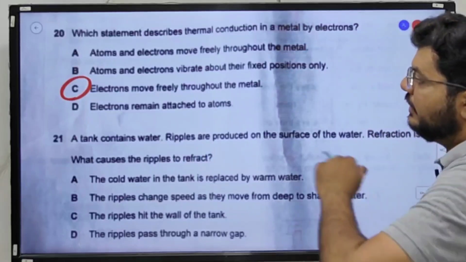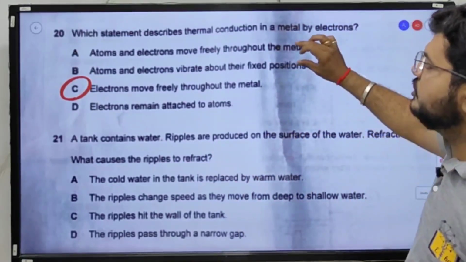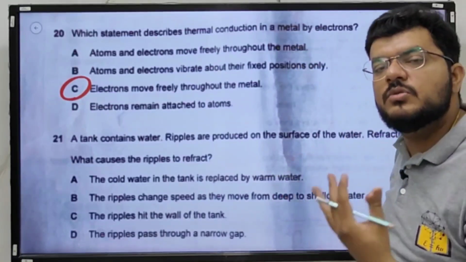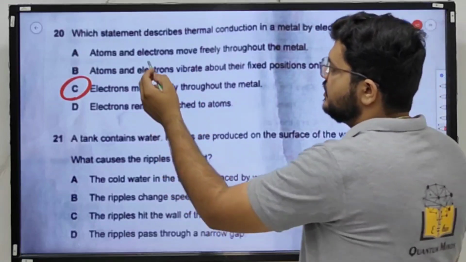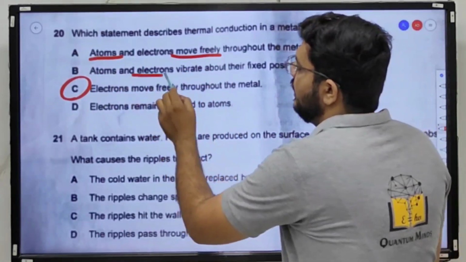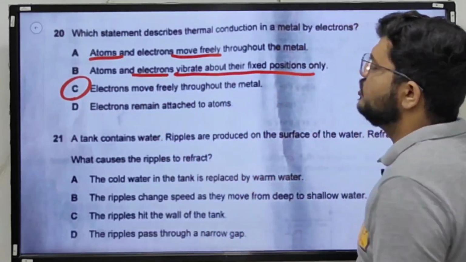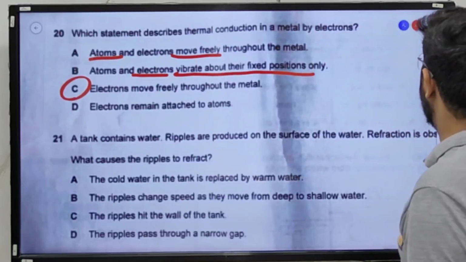So, it is definitely because of the vibration of atoms as well, but the first two statements are factually incorrect. Here it says atoms move freely. No, they do not. Here it says electrons vibrate about their fixed position. No, electrons can move. Therefore, C is the correct option.